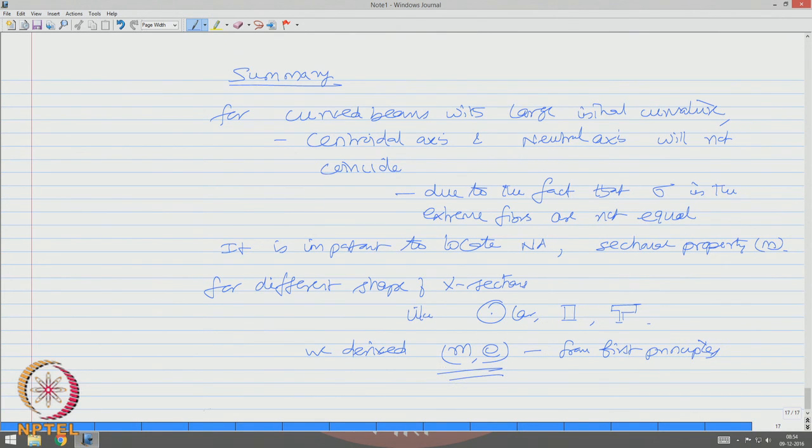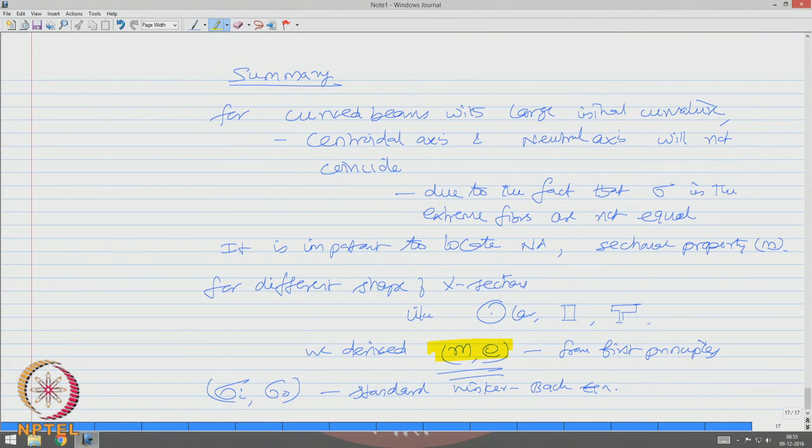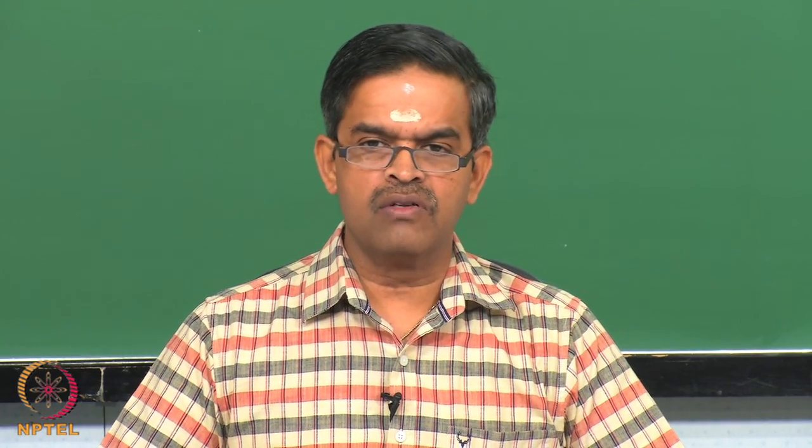Once I know these two parameters, I can always find the stresses in the extreme fibers using the standard Winkler-Bach equation, which we derived. We will also discuss these parameters for other shapes of cross sections and also try to tell what would be the approximate variation of these stresses in extreme fibers compared to that of theory of simple bending in the next lecture. Thank you very much.